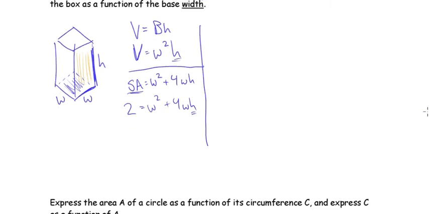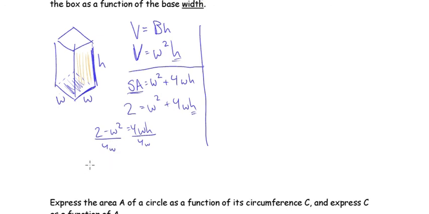We've got 2 equals W squared plus 4WH. Let's go ahead and subtract W squared from each side. So we have 2 minus W squared equals 4WH. And now we'll divide everything by 4W. That will leave us just with H. So divide everything by 4W.